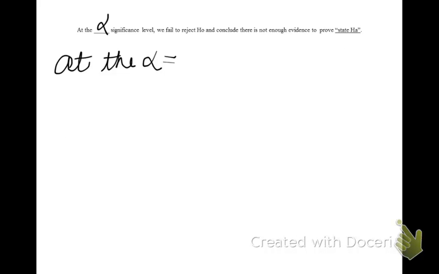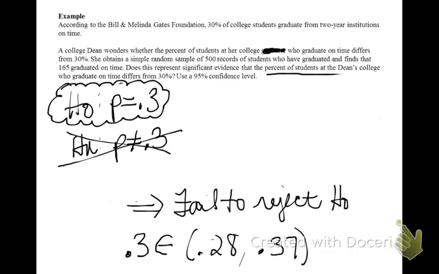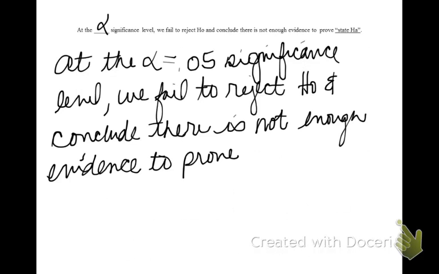At the alpha significance level, and here because we had 95% confidence, we know the alpha that goes with that is 0.05. We fail to reject H0 and conclude there is not enough evidence to prove, and now we need to state HA.